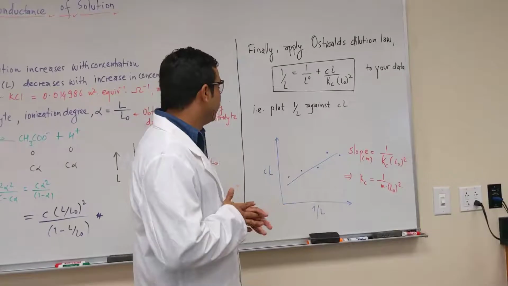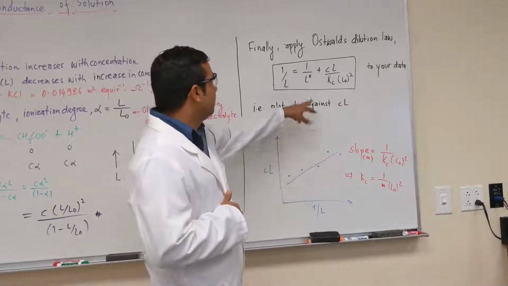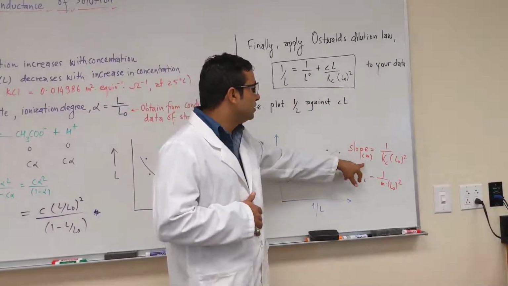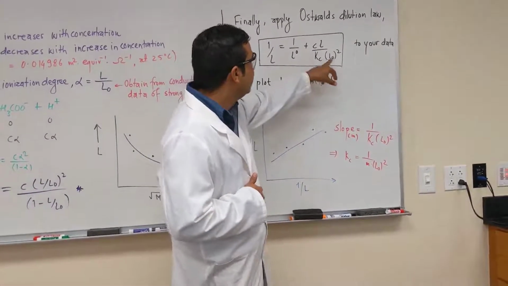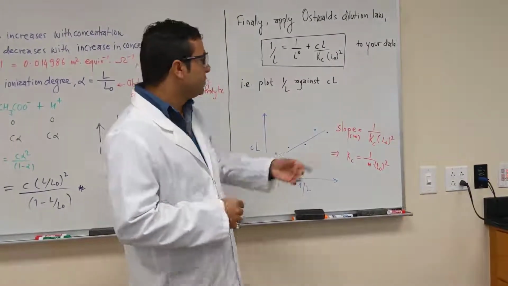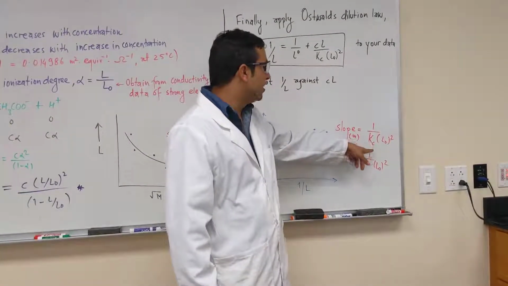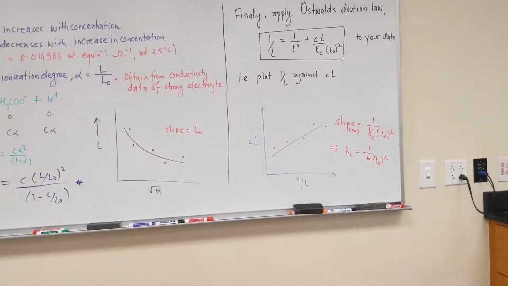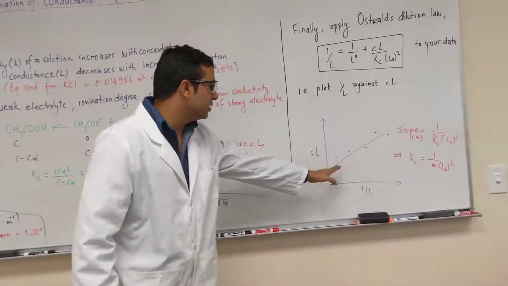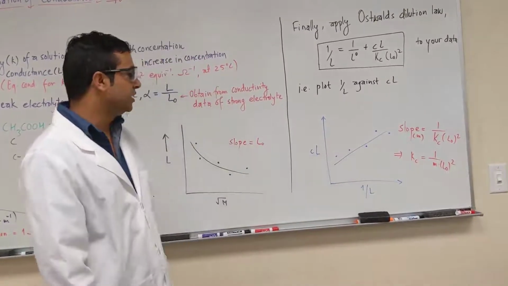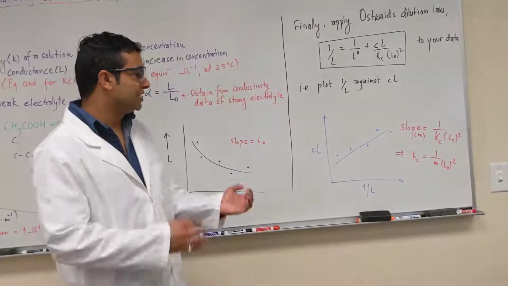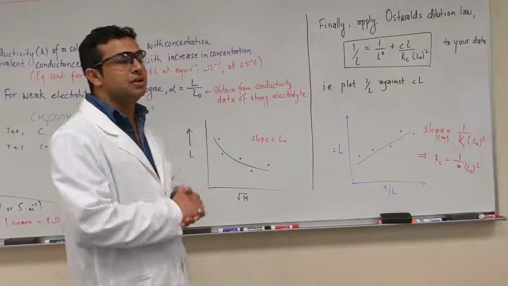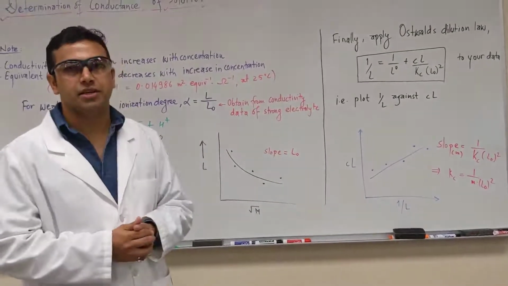When you plot it, from here, 1 by L against C L, your slope would be this value, 1 by Kc L naught squared, right? So from here you can find the value of Kc easily. From the intercept you'll find the value of L naught, and from the slope, you'll find the value of Kc. So this is the simple theory behind the experiment.